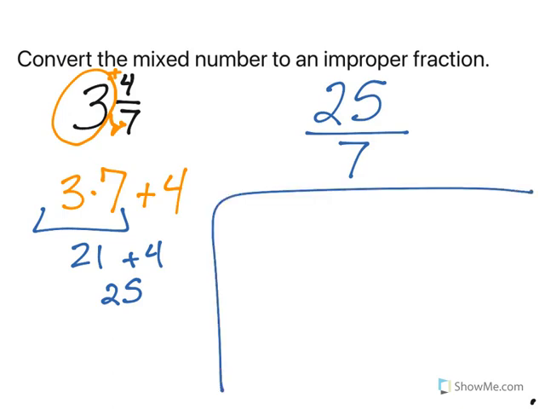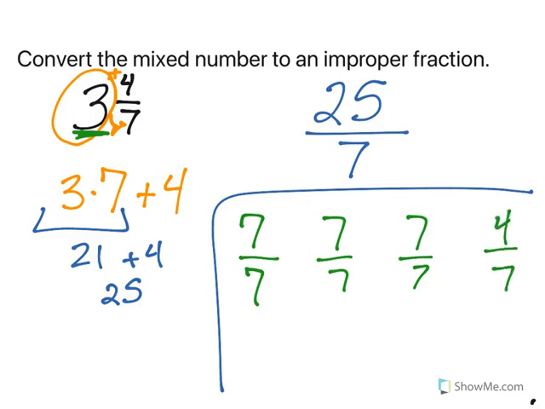The reason this works is because if we are dealing with a denominator of 7, 7 out of 7 is the same as 1, right? We know that this is equal to 1. So if I have 3, that means I have 3 sevens, or 7 over 7, because each one of these is equal to 1. And I also have a 4/7.